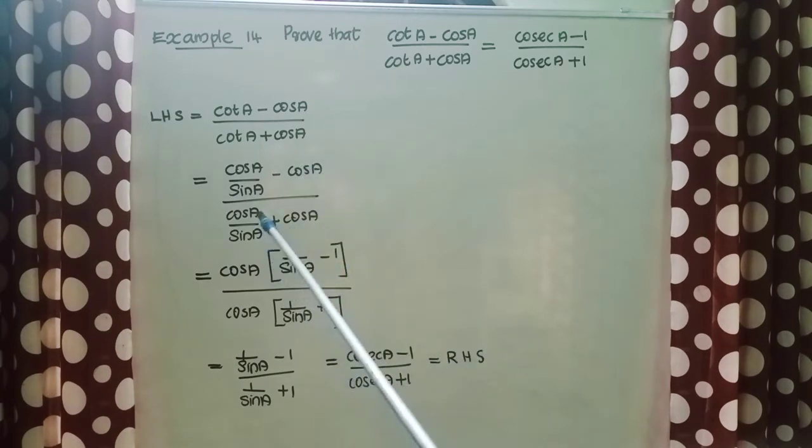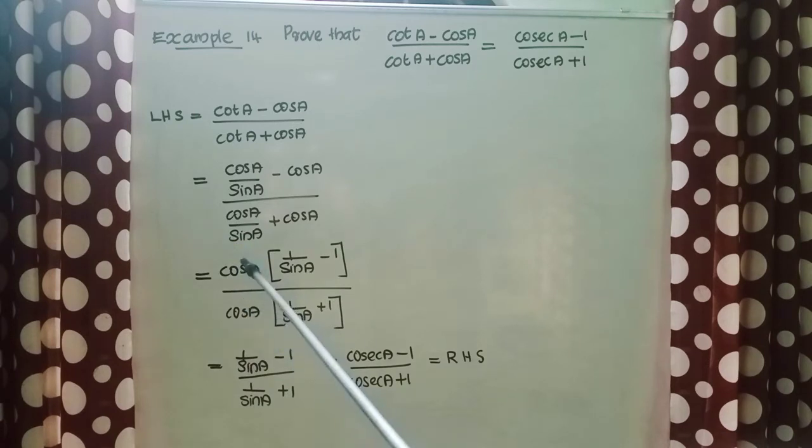So we get cos A into (1 by sin A minus 1) whole divided by cos A into (1 by sin A plus 1). Now this cos A and cos A we can cancel, we get that is equal to (1 by sin A minus 1) whole divided by (1 by sin A plus 1).